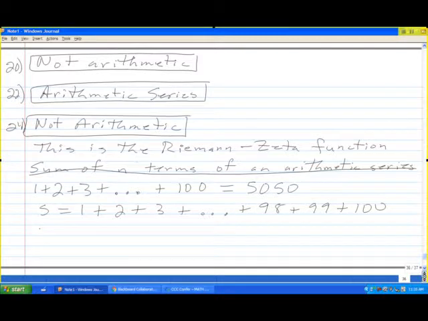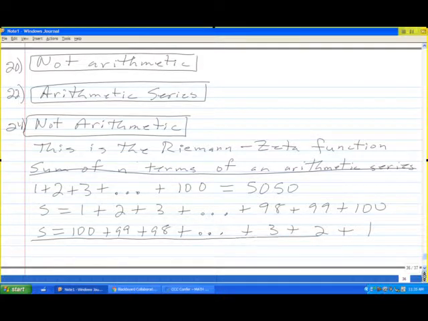Let's write the same sum, but instead of increasing order, let's go in decreasing order: 100 plus 99 plus 98 plus, and so on. Now let's add these.